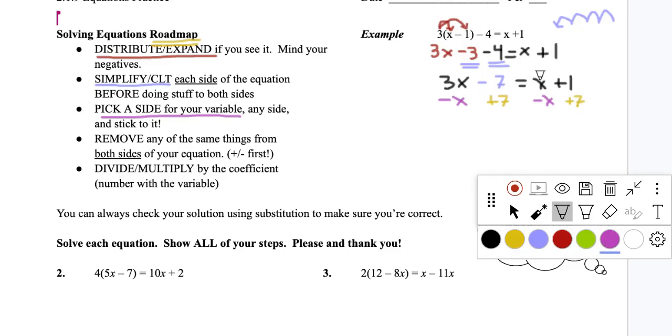Just like we did x minus x is 0, we're going to do negative 7 plus 7 is 0 to get rid of the negative 7 on our left side of our equation. Sorry about that. So what are we left with? 3x minus x. Okay, 3x minus x is just 2x.